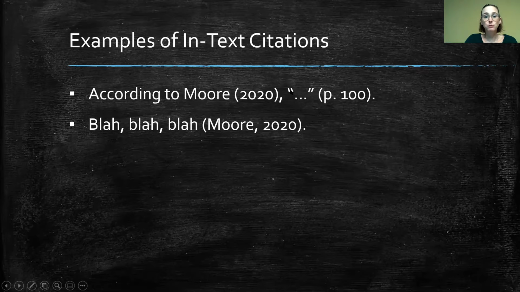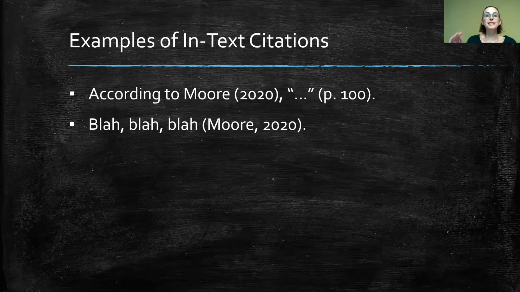In this case, this was a direct quotation, so we have to include the page number that that quotation is from. If the article does not have page numbers, you want to use a paragraph number. So you would just write para 2, for example. Also to note is that for one page, such as 100, you want 1P. If you have multiple pages, you are going to do P, period, 100 to 120, right?